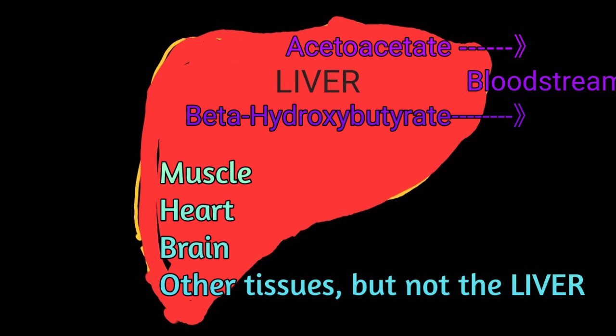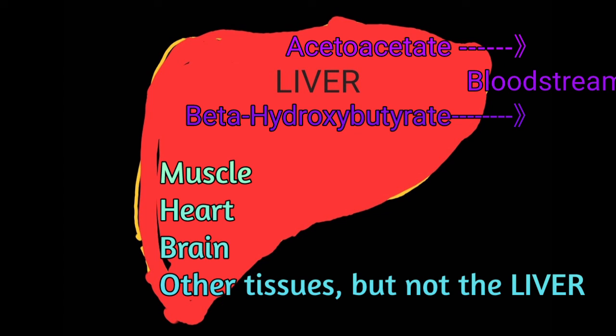So once released in the bloodstream, ketone bodies can be picked up by a variety of tissues. Okay? Muscle, heart, even the brain. That's what's so important. The brain can pick up ketone bodies from the bloodstream when they reach a certain concentration in the blood. So that's the important thing.